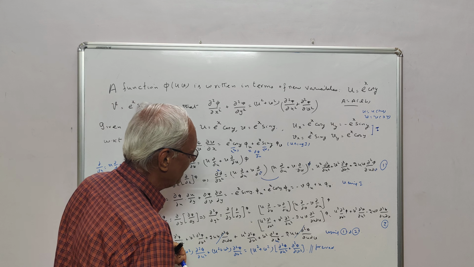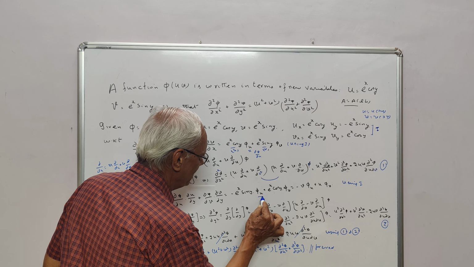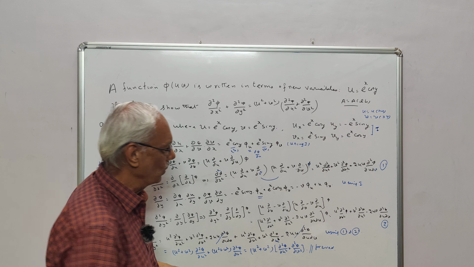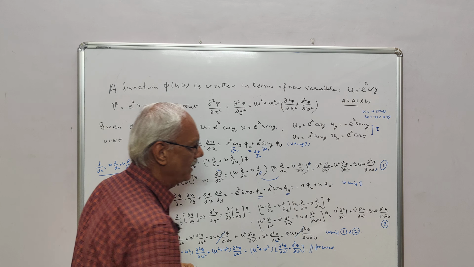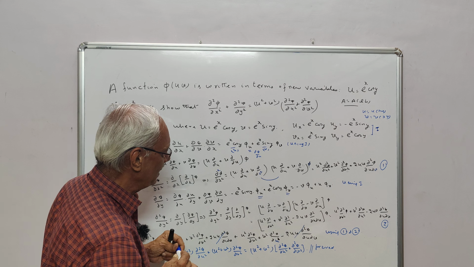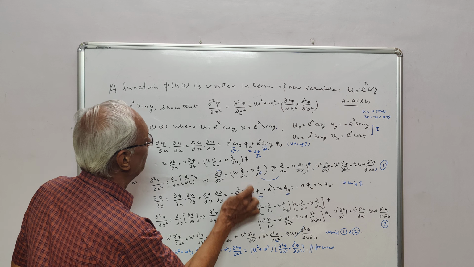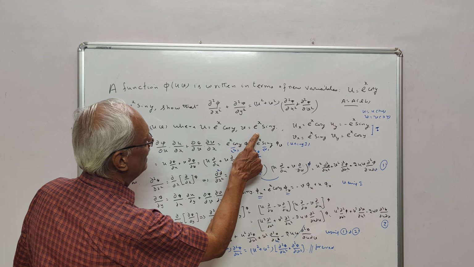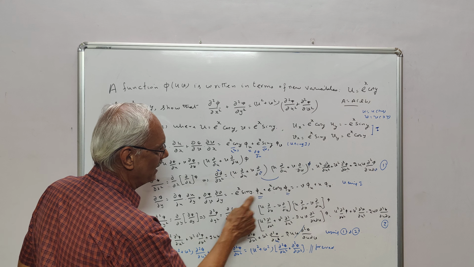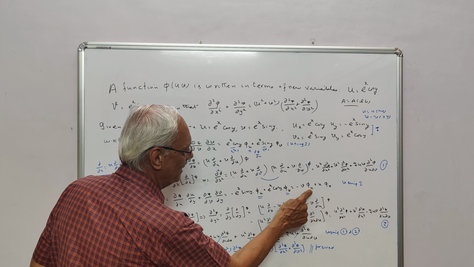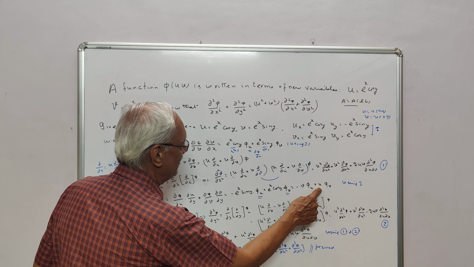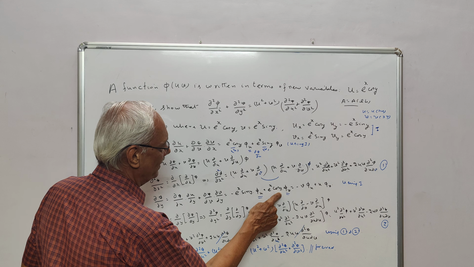Again, the meaning of this is ∂phi/∂u. What is the meaning of this? ∂phi/∂v. So what do you get here now? What is minus e^x sin y? e^x sin y is your v. Therefore, I write it as minus v phi_u. And what is the value of e^x cos y?